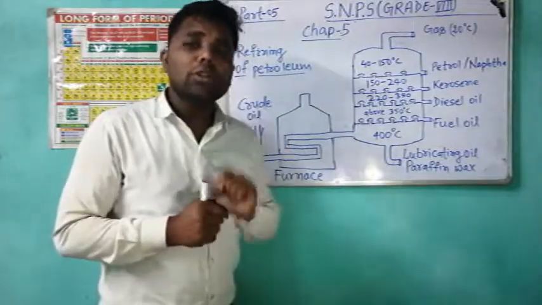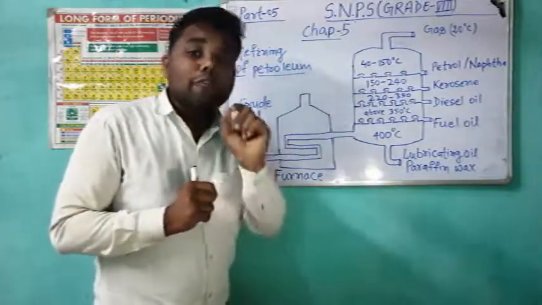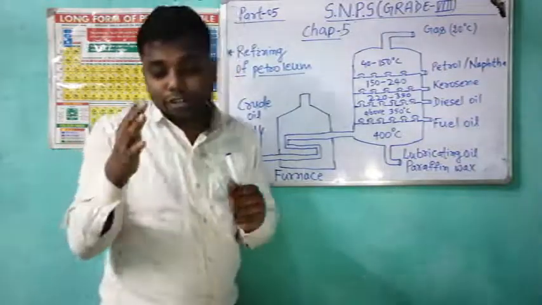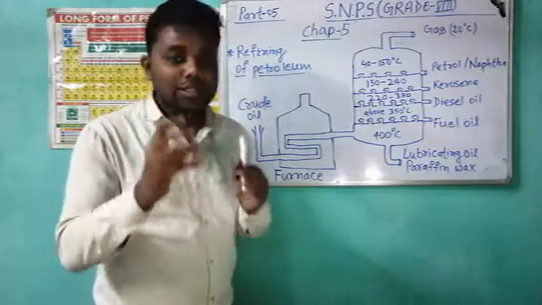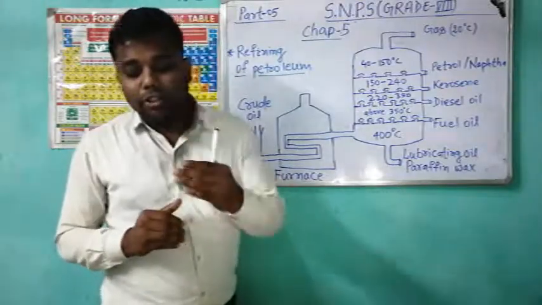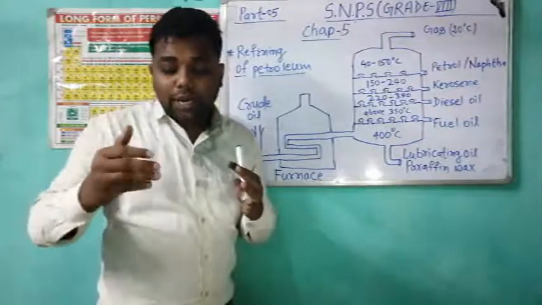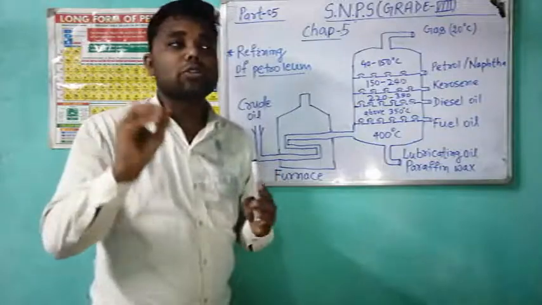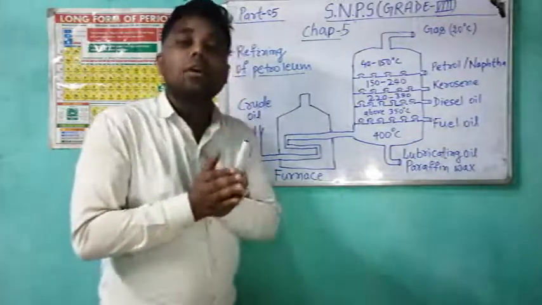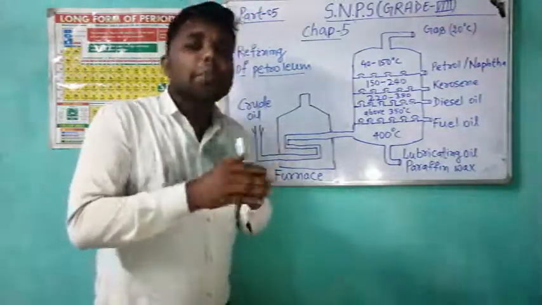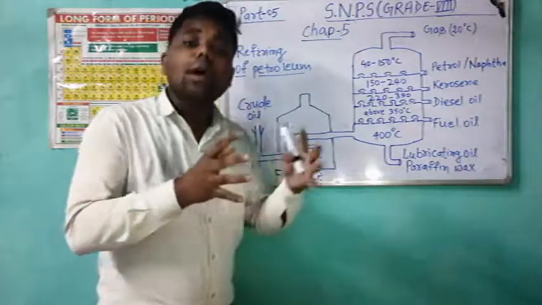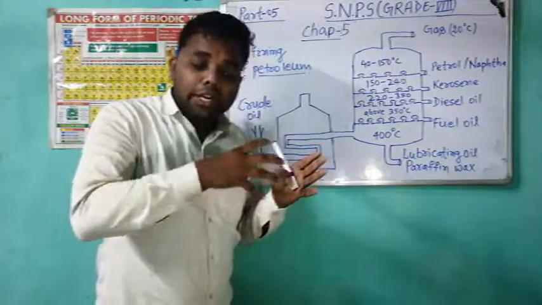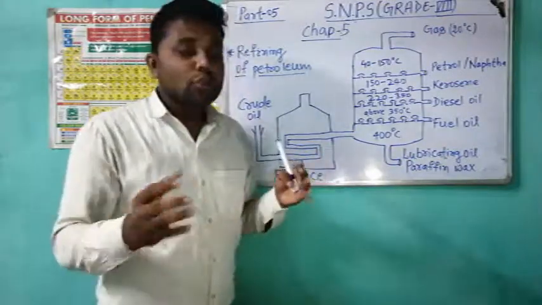And here one more thing: what is the fractional distillation process? This is the process of separating a mixture of substances with different boiling points. Suppose we have a mixture, and in that mixture there are several components, and the components have their different boiling points.